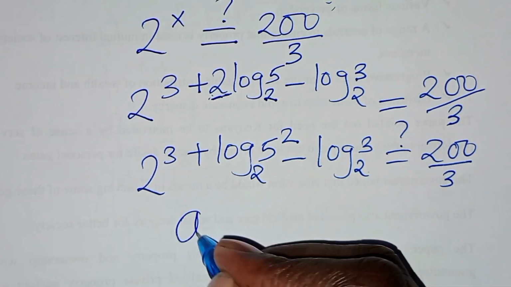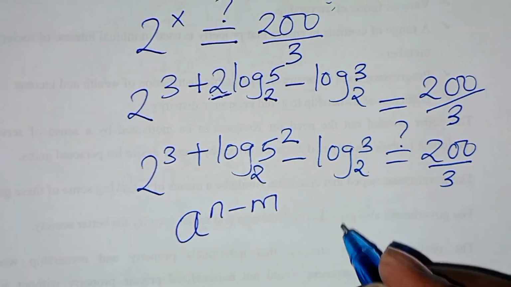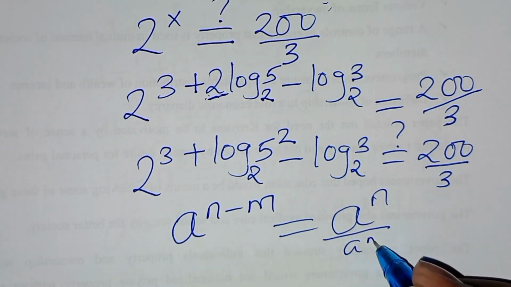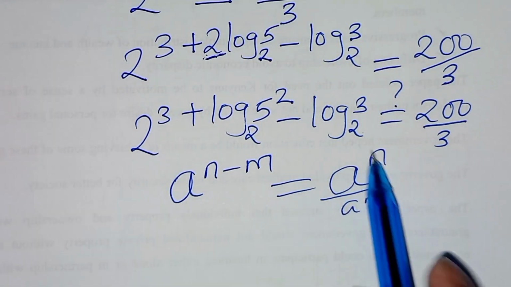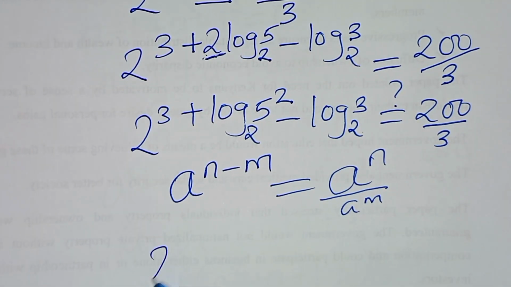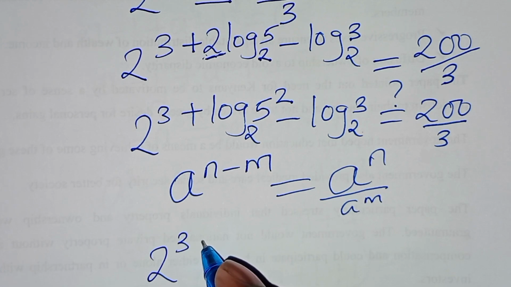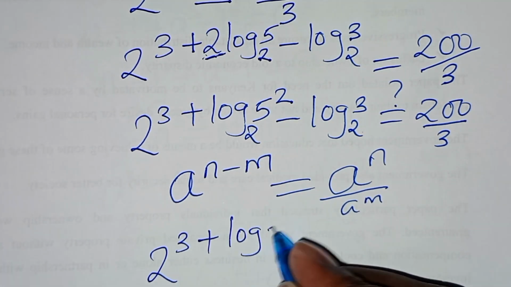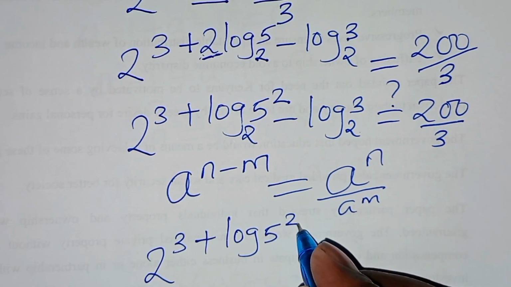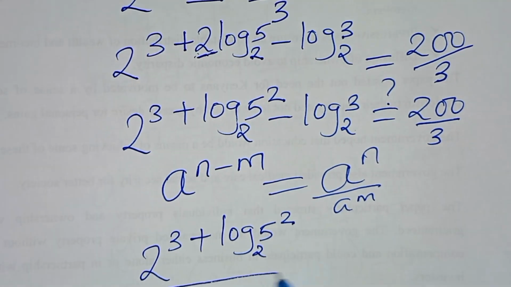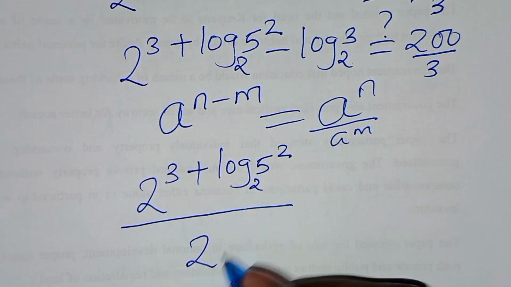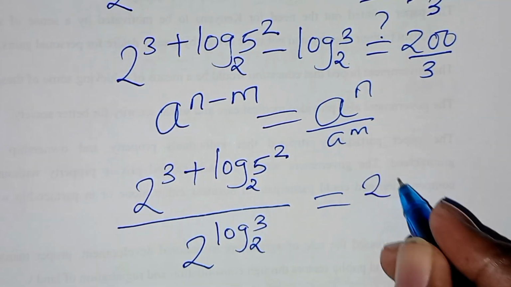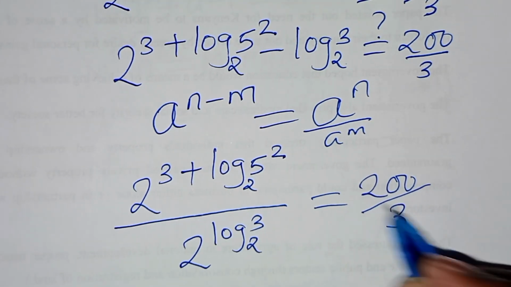This is in the form of a to power n minus m, which we can express as a to power n divided by a to power m. Applying this exponent property, then here we'll have 2 to power 3 plus log 5 squared to base 2 divided by 2 to power log 3 to base 2. This should give us a value of 200 divided by 3.